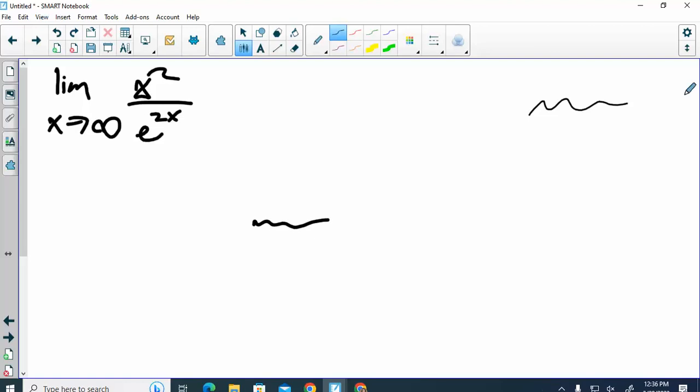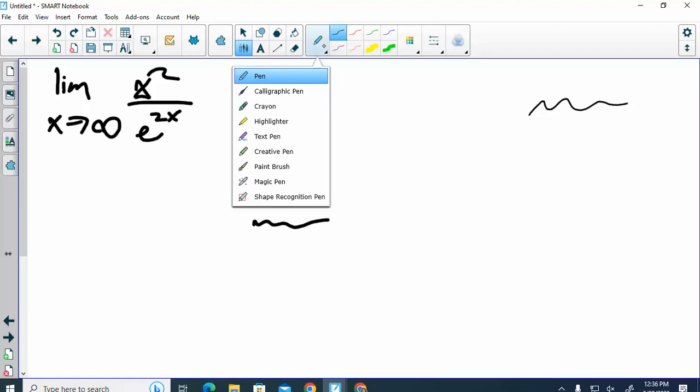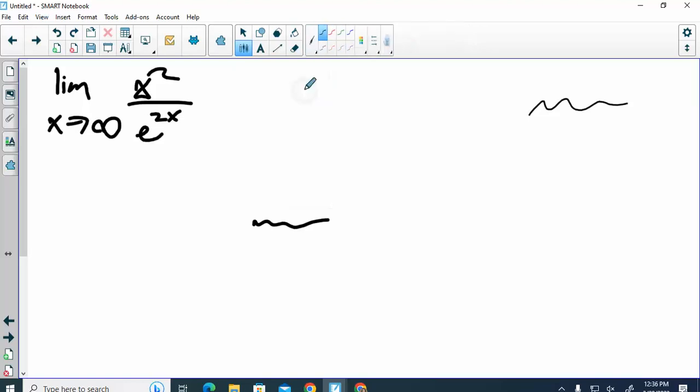That's annoying. Wait, what does this do? What does calligraphy pen look like? Fatter. Alright, let's just go with the pen. I don't need to erase it.